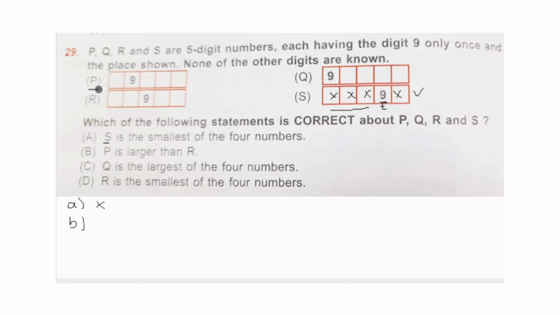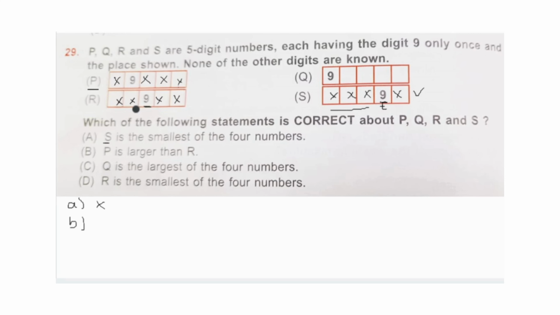So P here, where you have 9 at the thousands place. So here you have X, X, X and X. So it's ones, tens, hundreds, thousand. And for R, which is the other number, let's write X here. And 9 is at the hundreds place.